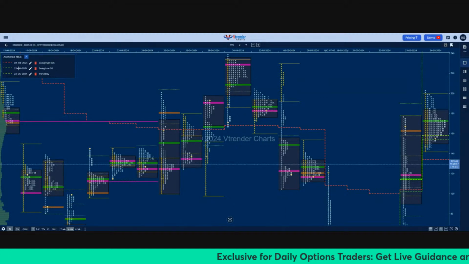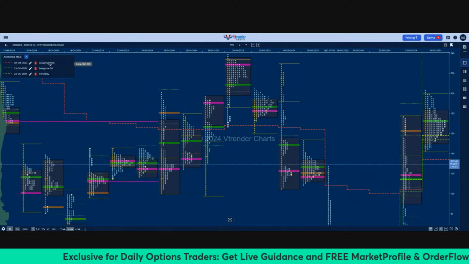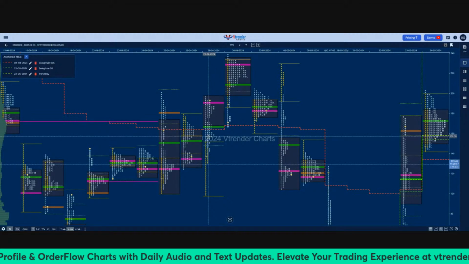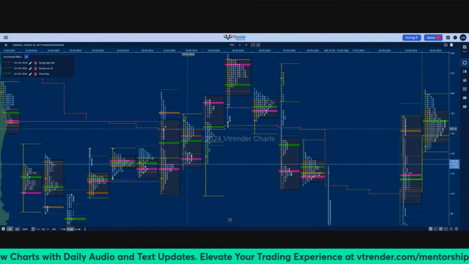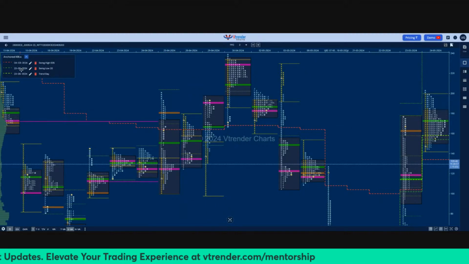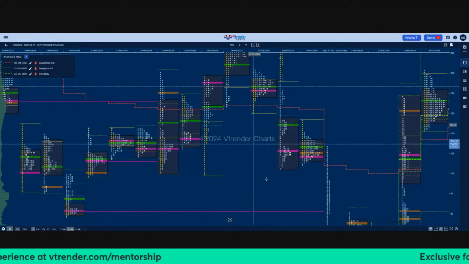So we had a swing high on 4th of March in this option, and the swing high was at 635. Because this is a monthly option, we have data from many more days available. And then we have a swing low on the 20th, 22nd of May, and the trend day on 23rd of May.